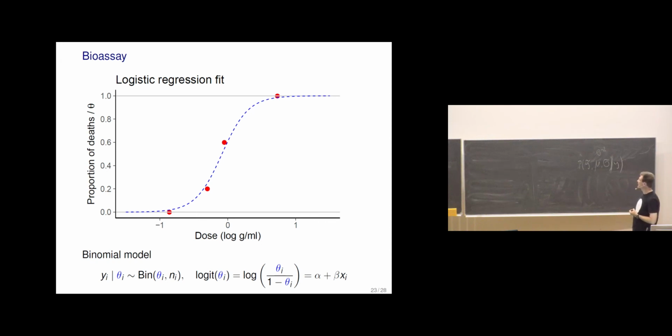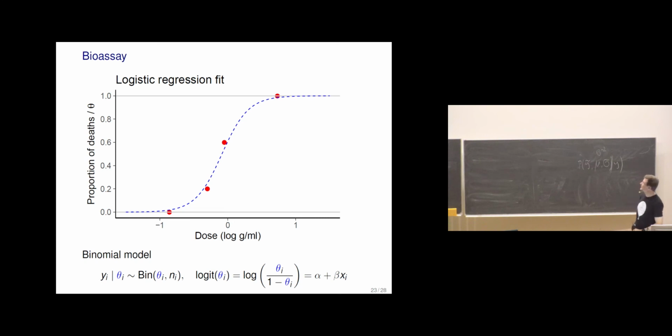Beta is still telling that when the dosage x increases, there's some change in this linear model, but now this linear model is not directly for the proportion, but instead we have this transformation.